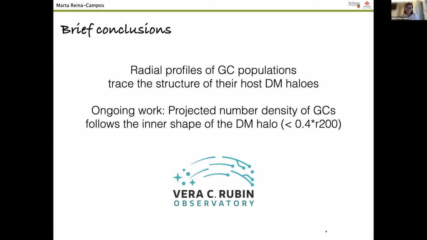But it's exciting to see that it's on the size of the galaxy that you can see differences. Great, thanks, Marta. We have a question here in Slack. How low is the mass of these low mass galaxies you mentioned? If very low, and globular clusters are limited to a few, how promising is this approach to map the dark matter halo? That's a really good question, and that's actually the question we're trying to address.